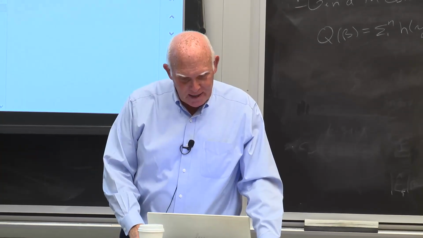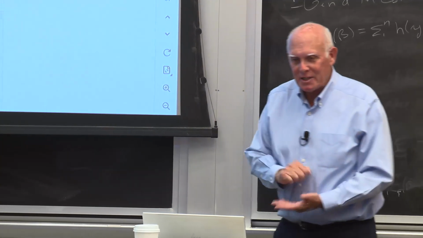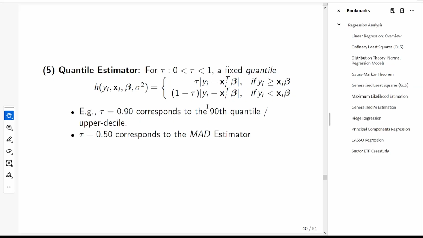Another interesting example of this generalized M estimator is the quantile estimator, where we consider mean absolute deviation, but we scale that for positive residuals by a factor tau, and for negative values of the residual, we scale the absolute deviation by 1 minus tau.